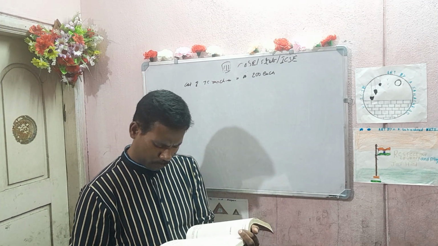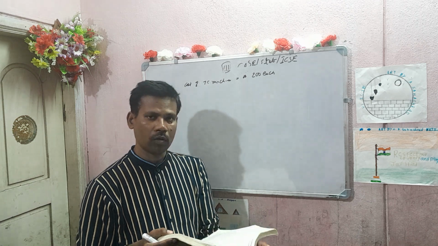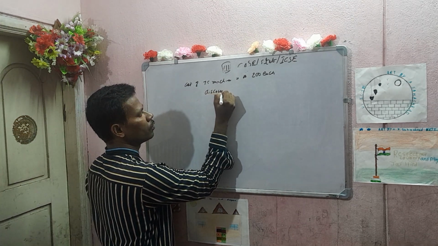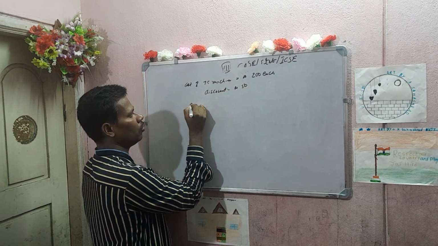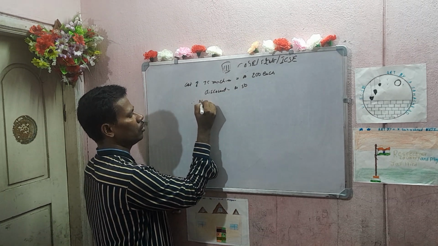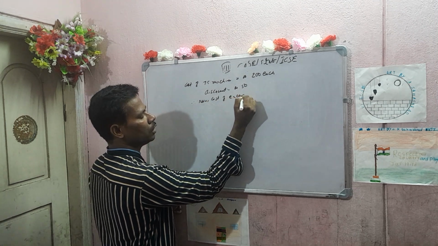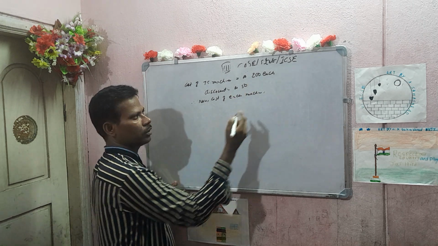Next, how many machines can he buy if he gets a discount of 50? Discount 50. So now the cost of each machine: discount means what? Less price.